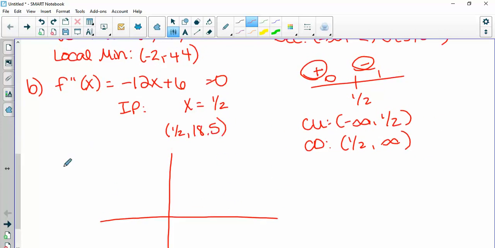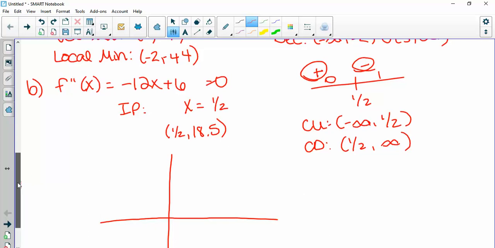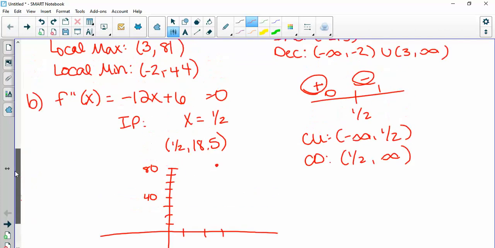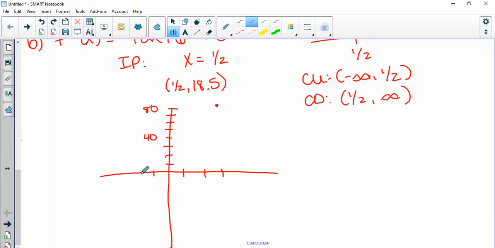Okay. So then when we plot all of this stuff, I'm going to count by tens. So we had 3, 81 was the max. -2, -44 is a min.